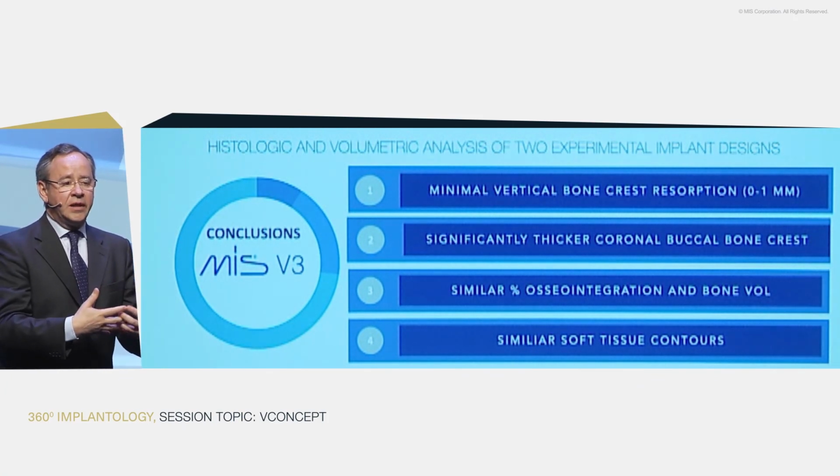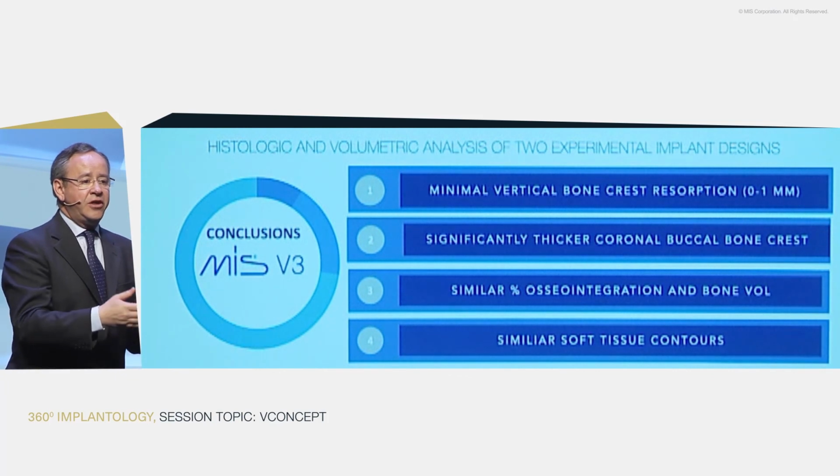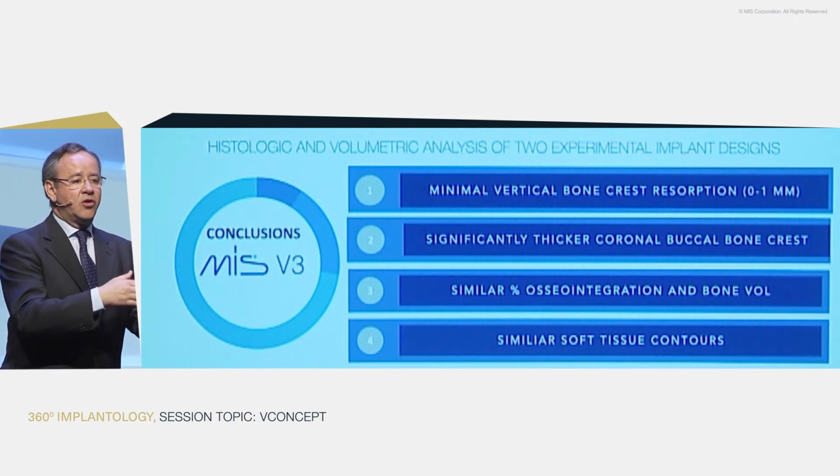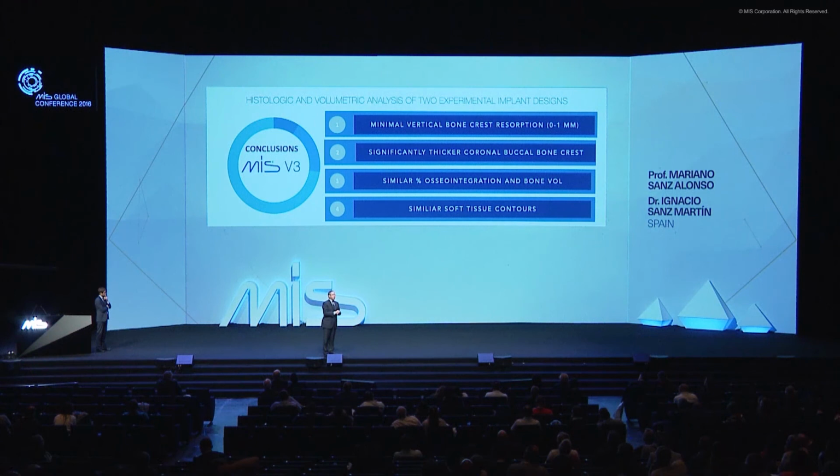We are hoping that by attaining a thicker bone crest at the coronal level, that bone will be better maintained over the long term. This is why we didn't see differences in the soft tissue contours, although you saw the impact of the surgical approach when comparing the delayed to the immediate implants.